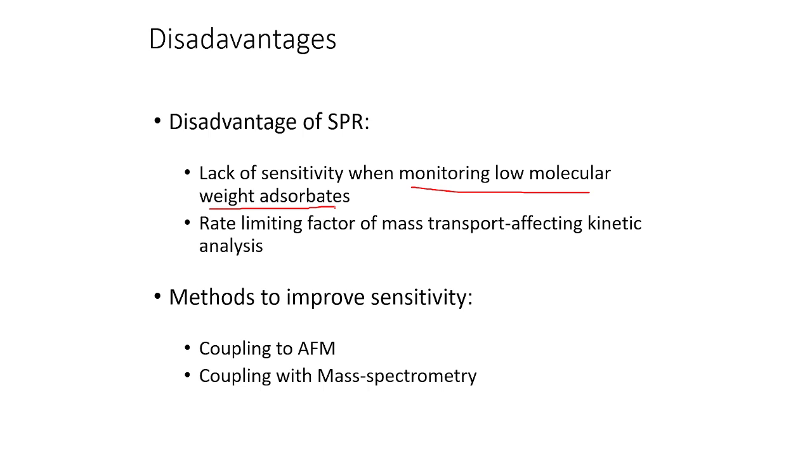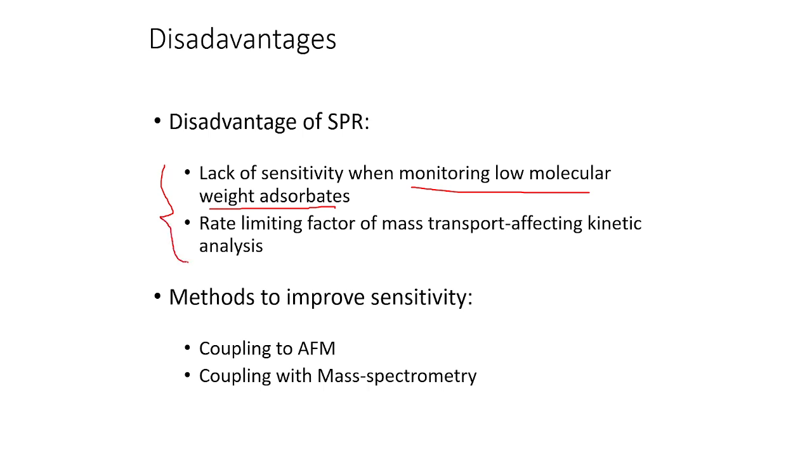And what can we do? In order to improve the sensitivity, we couple this with your atomic force microscopy, also with your mass spectrometry. These two methods can be coupled with your surface plasmon resonance phenomenon to improve these two disadvantages.